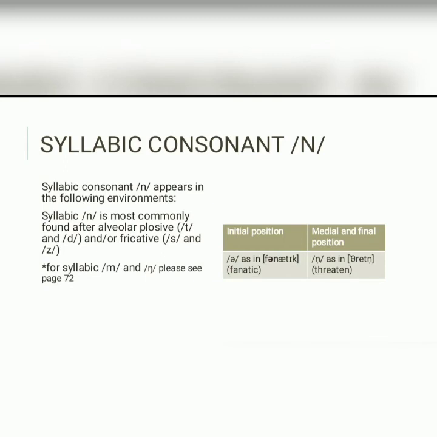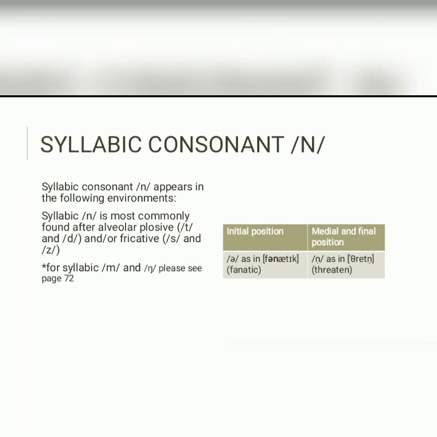Syllabic consonant N. The N sound is the whole syllable. It sounds like the combination of the vowel schwa and N, so it sounds like N. Syllabic consonant N appears in the following environments.